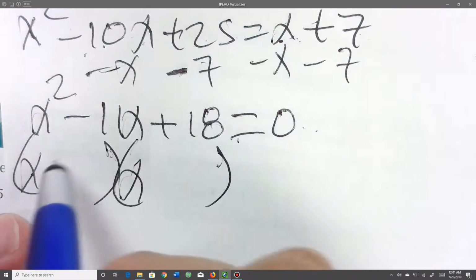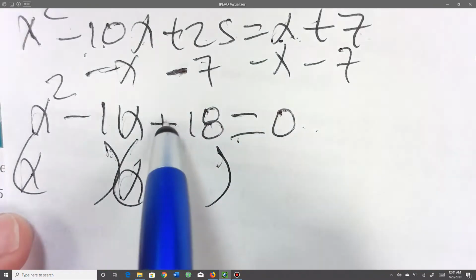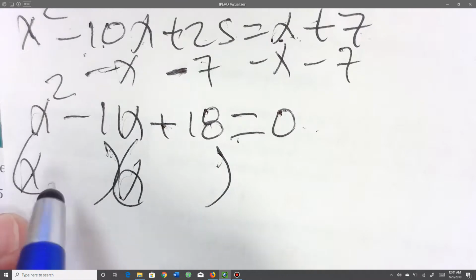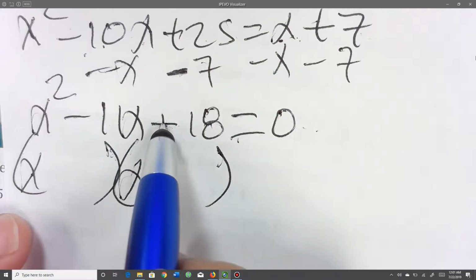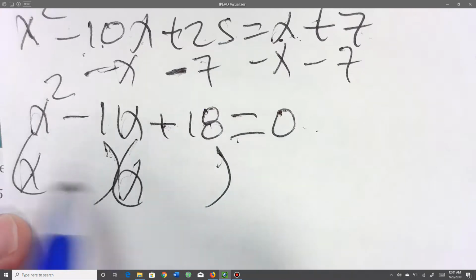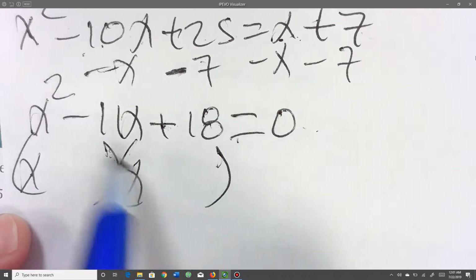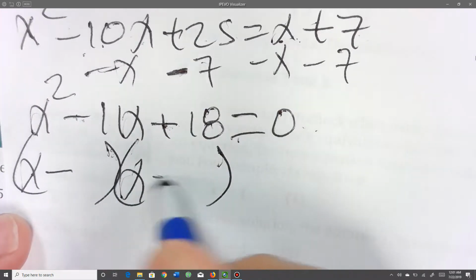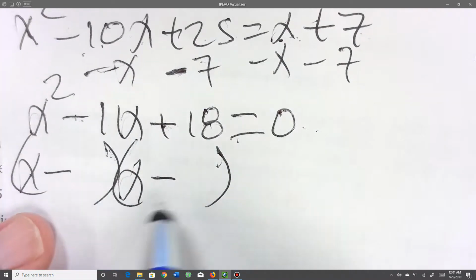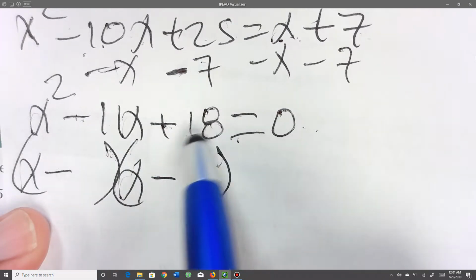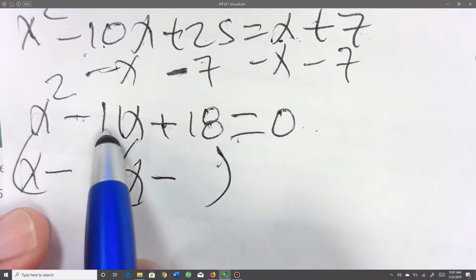For the signs, since I have a positive for the second one, I need two signs that will multiply together to give me positive. So either a negative and a negative, or a positive and a positive. This sign tells me which: a negative and negative. Then I need two factors that multiply out to 18 and add up to 11.